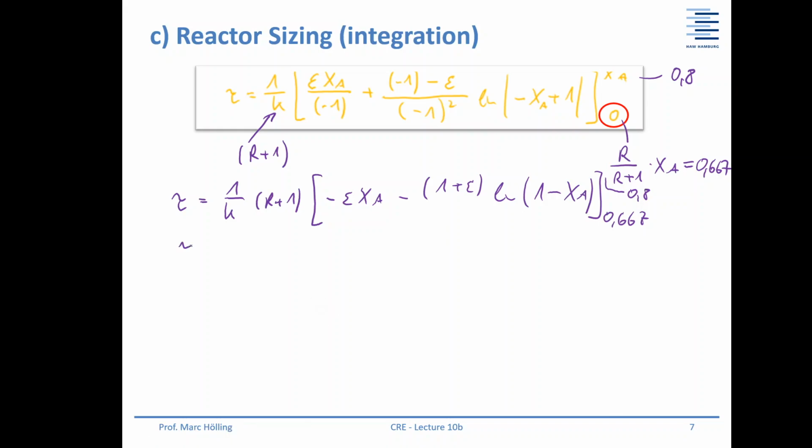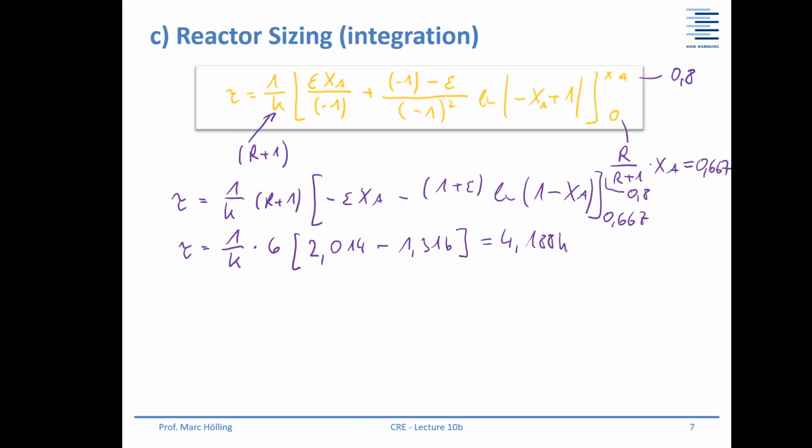Okay, and then if you calculate it, then you end up with, let me see, 1 over k times 6, and then to give you some intermediate results, for the first term I get 2.014 minus 1.316, and then I have a residence time of 4.188 hours.